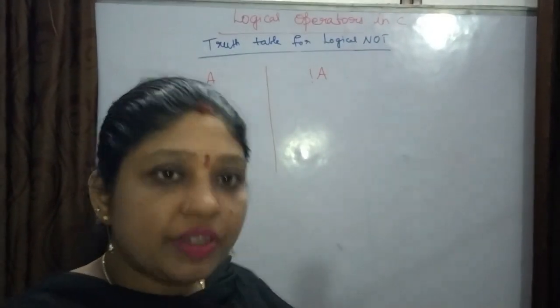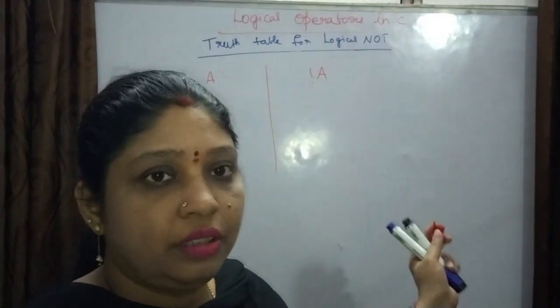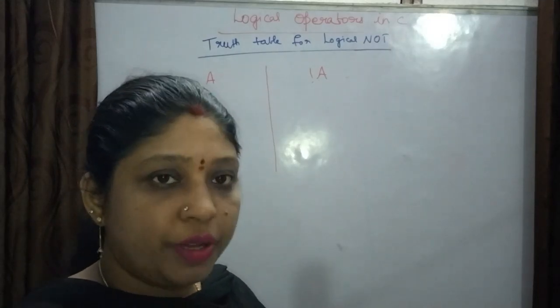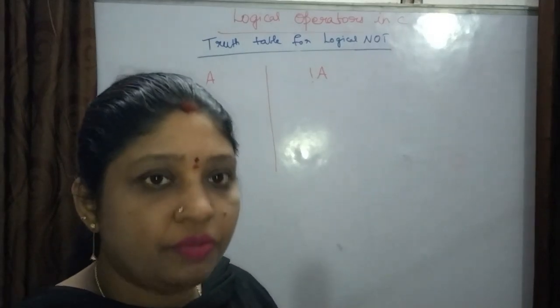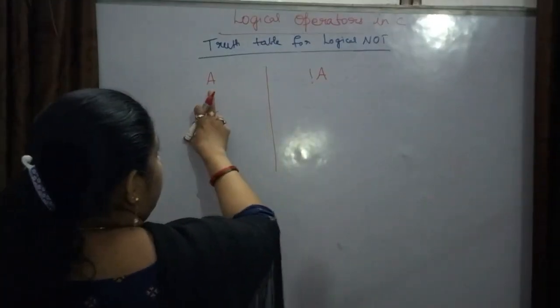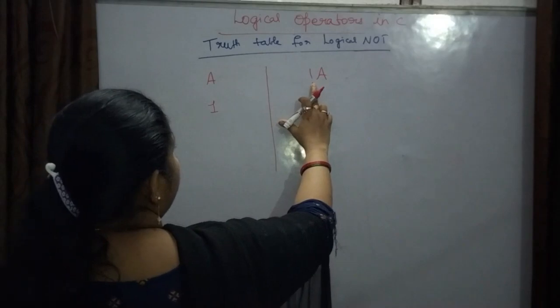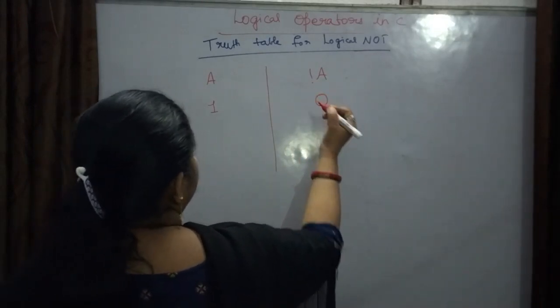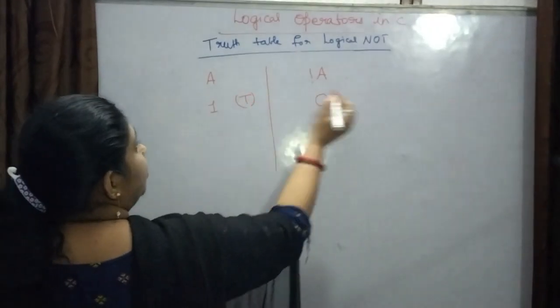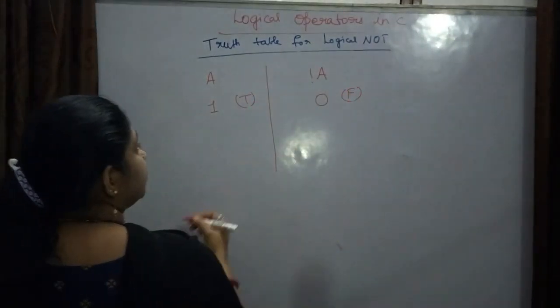For the logical not operator, the result of the condition will be the opposite. So what is here? Not A. If A is true, not A is automatically 0. That means if this is true, this will be false.